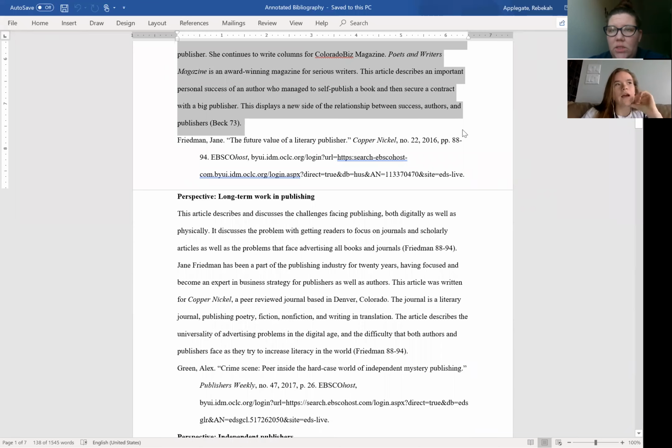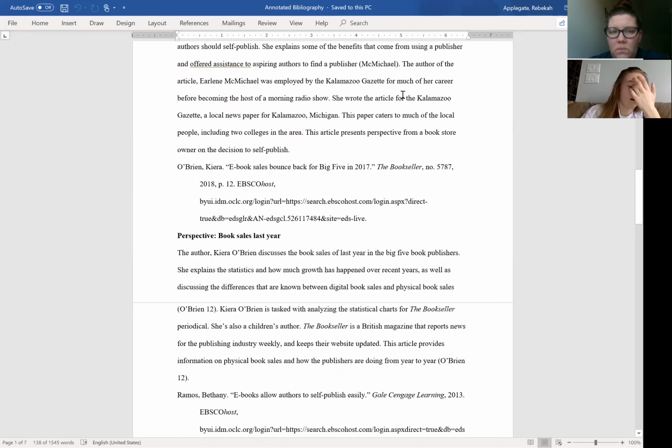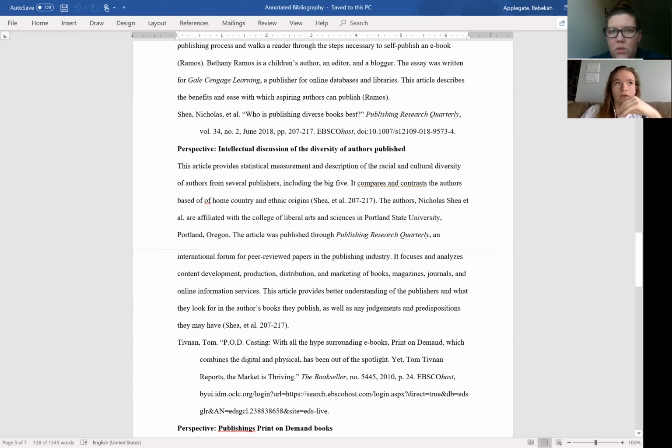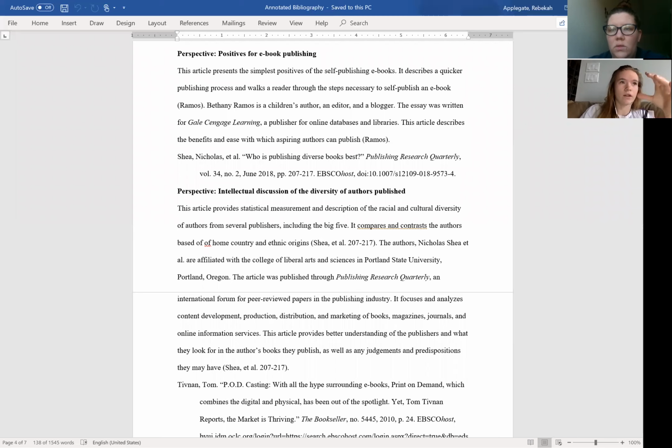Mm-hmm. Do you have to connect them all in the end, or is it like you have an overarching topic and you find different sources that support different parts of the subject, and then in an essay you connect it all together, but here you just comment on each of the different sources? Right. Each of the sources should be moving towards a single point.